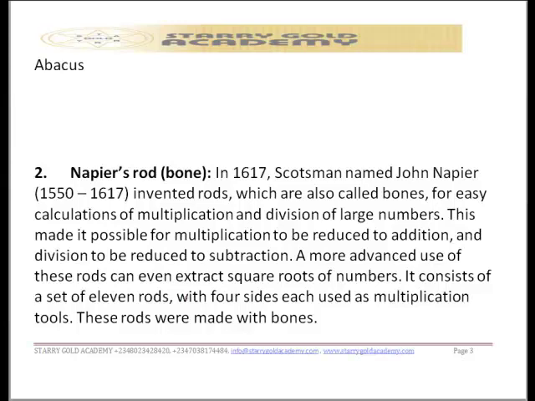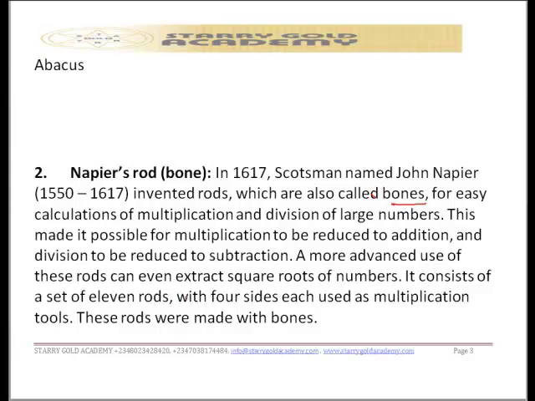In 1617, a Scotsman named John Napier, who lived between 1550 and 1617, invented rods, which are also called bones, for easy calculation of multiplication and division of large numbers.